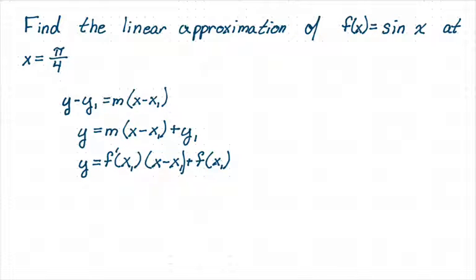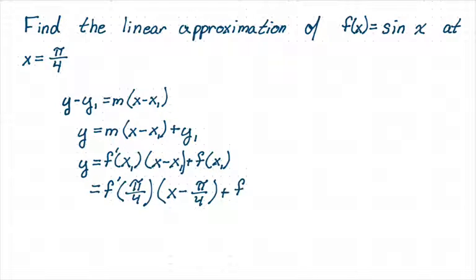Some people write it L of x rather than y. But now, this is equal to f prime at pi over 4, times x minus pi over 4, plus f of pi over 4.